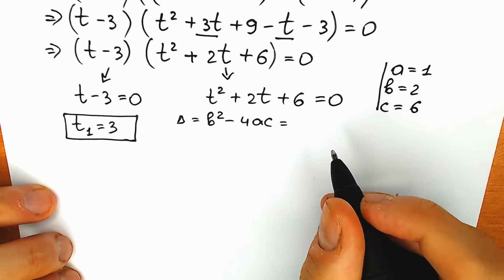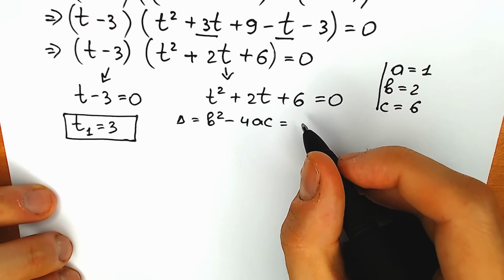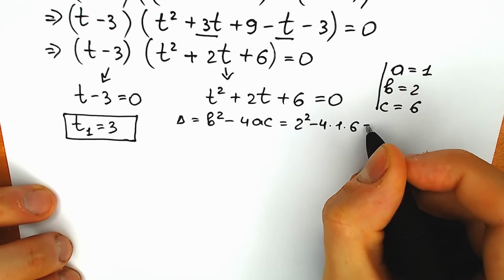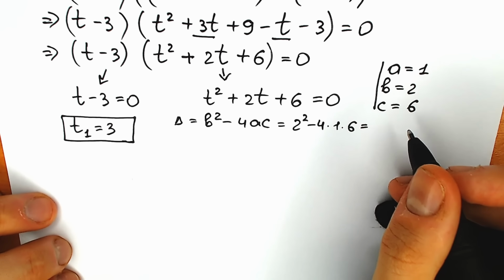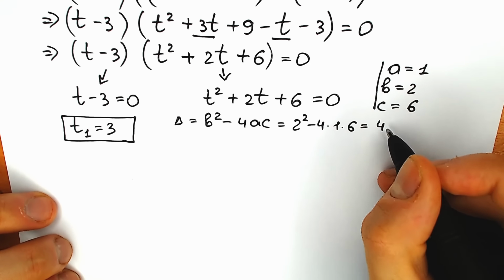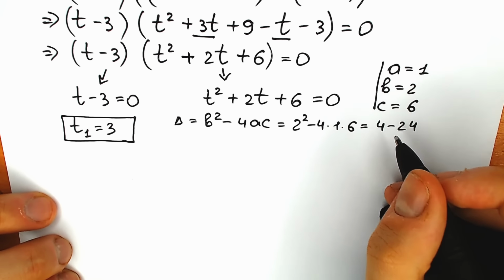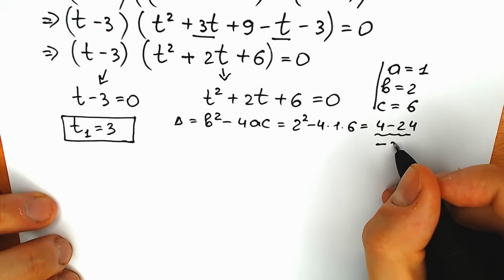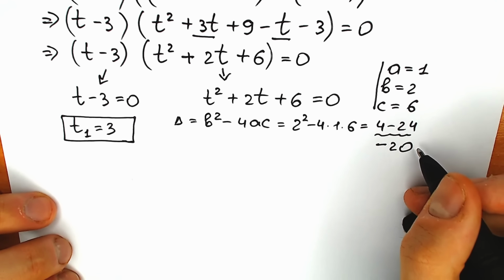So we have 2 squared minus 4 times 1 times 6, so as a result we have 4 minus 24. Our discriminant is equal to minus 20, I guess. Yes, minus 20. And our discriminant is less than 0.